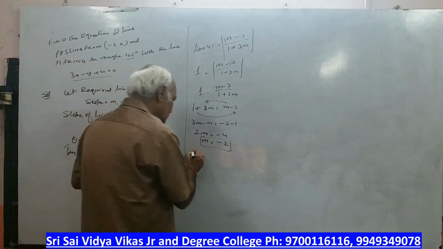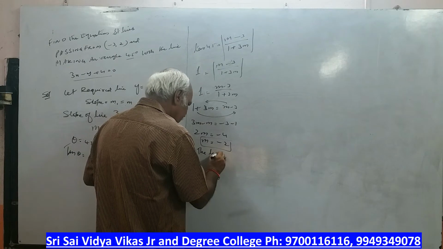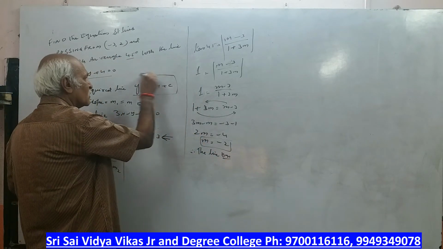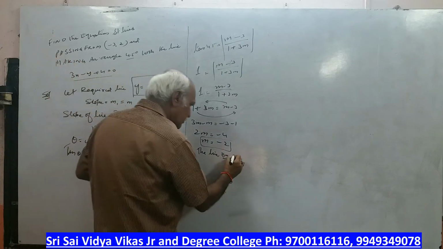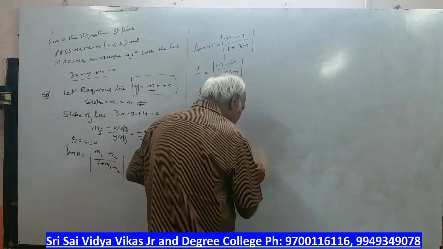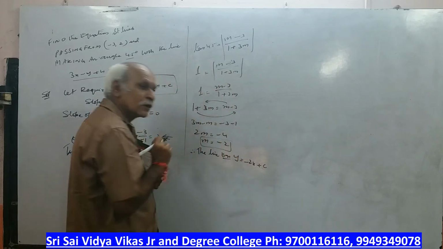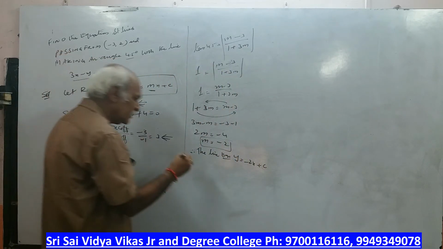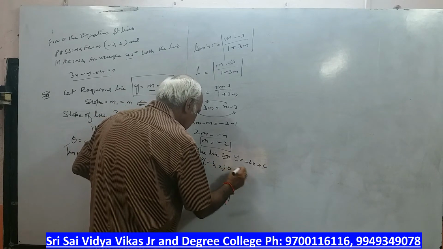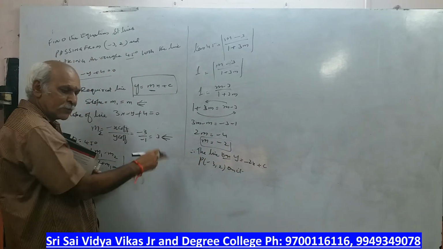Therefore, the line equation. Where is the line equation? I have taken y is equal to mx plus c. What is the m value we got? Minus 2x plus c. I do not know the c value. Now what is the point? So now I am considering the point minus 3 comma 2.